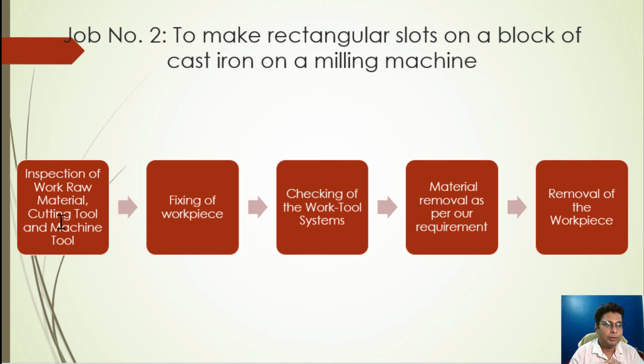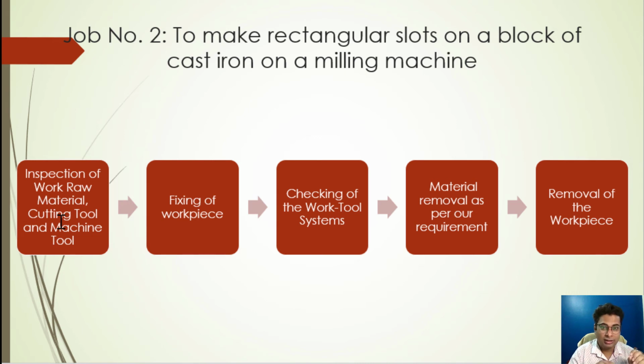Like if we want to have a slot of about 100 millimeters and we have a workpiece which has a length of about 90 millimeters, we will not be able to perform the required operation on that particular workpiece.